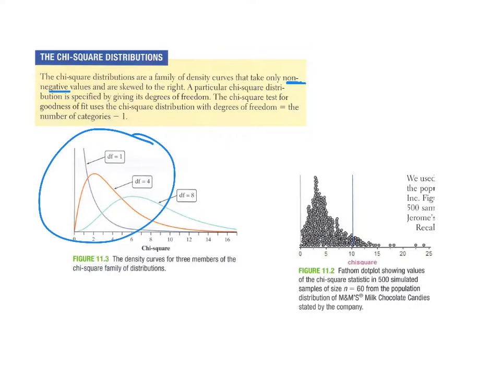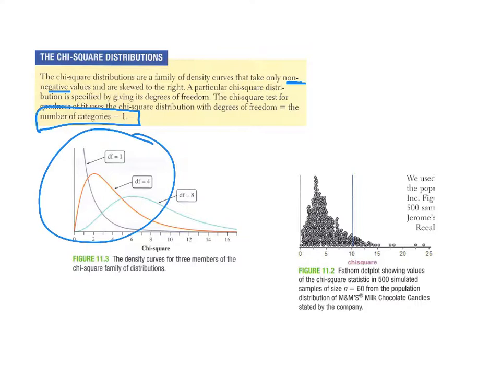And your chi-square distribution, like a t-distribution, is specified by your degrees of freedom. Your degrees of freedom are based on the number of categories minus 1. So for our example with the M&Ms, it would be how many different colors of M&Ms there were, how many different categories, minus 1.